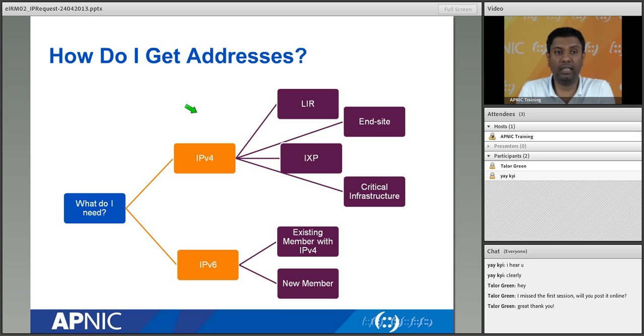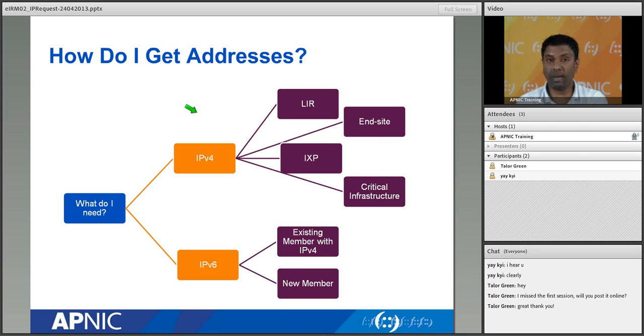So if they are requesting a /24, then 25% of it is 1/4 of their address. They need to show us they need it now from day one, and at least 50% in one year's time, right? Then they'll get double the requirement, which is /24. So that is the criteria for the local internet registry.